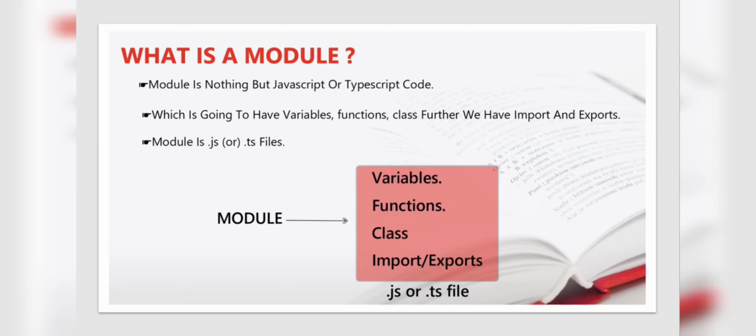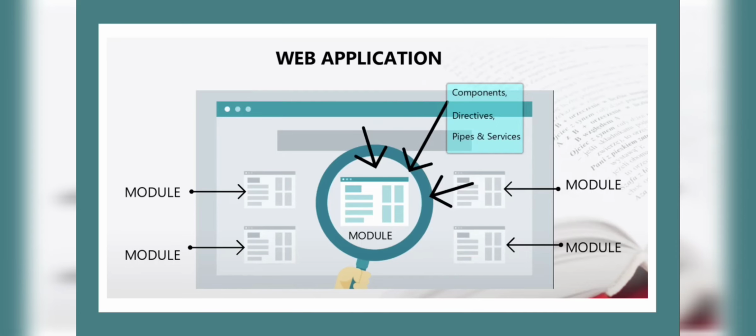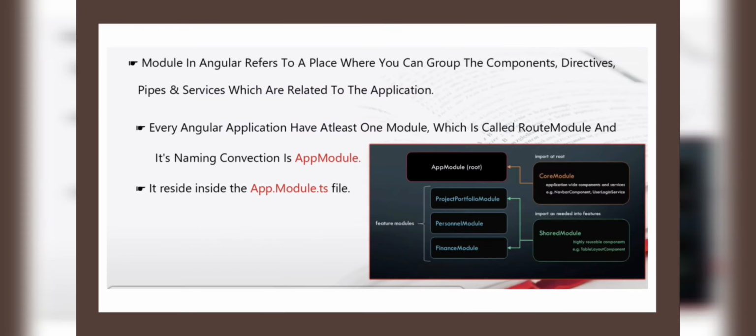Generally speaking, a module is nothing but JavaScript or TypeScript code which has functions, variables, classes, etc. But in Angular, a module is the combination of components, directives, pipes and services. We can use many modules in Angular.